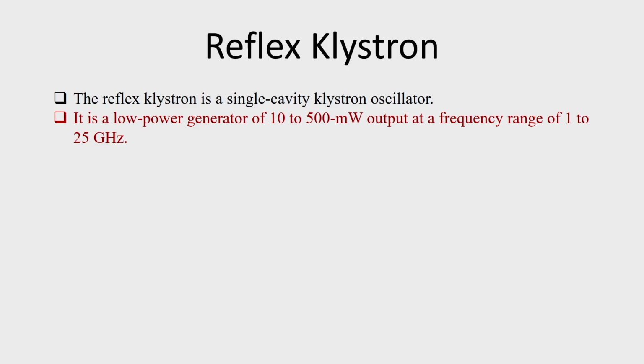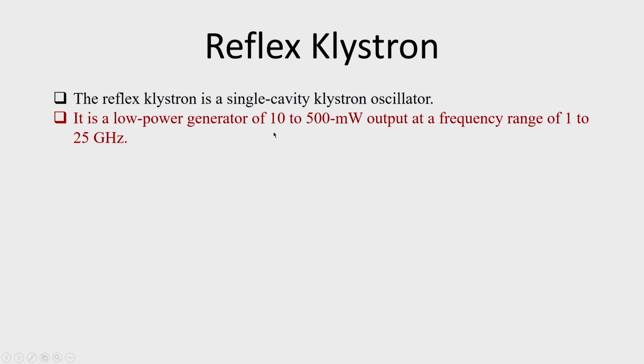A two cavity klystron amplifier with proper feedback arrangement can be operated as oscillator, but generally the reflex klystron is a single cavity klystron oscillator. It is a low power generator.